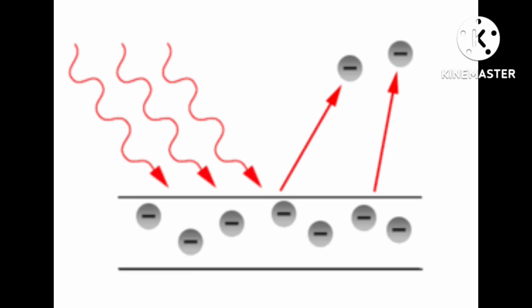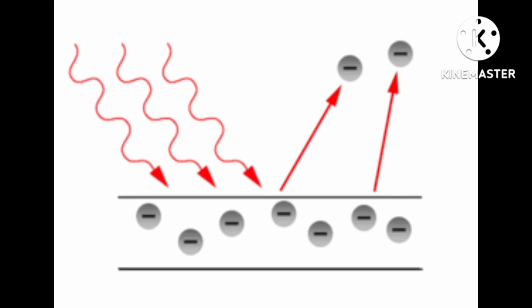When a photon of sufficient energy strikes an electron in the atom of the metal, it transfers its energy instantaneously to the electron during the collision, and the electron is ejected without any time lag or delay.